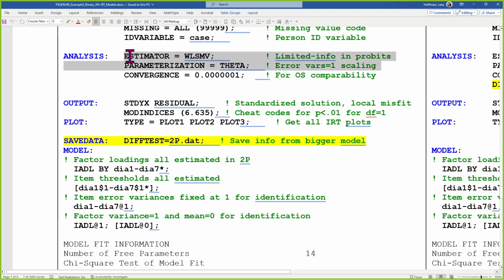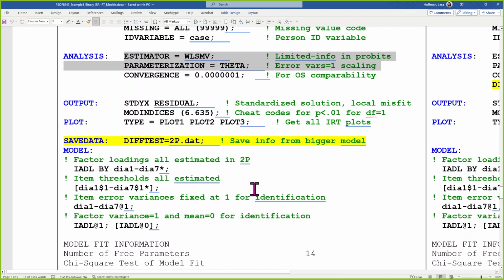Note what's not in here with respect to link functions. We had link equals logit before, right? Do you know what will happen if I try to add that? It'll say, nope, you're stuck with probit, too bad. So that's why I had to teach you probit, because I knew this was coming. You're stuck with it in WLSMV.